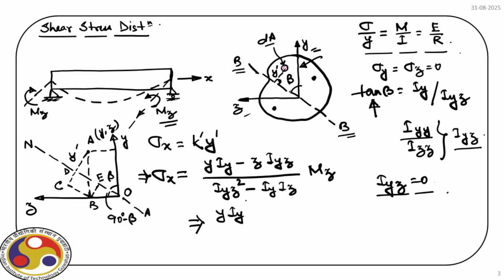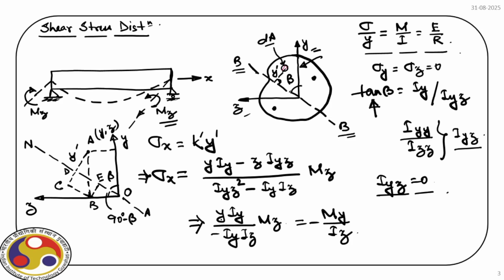Similarly, in the denominator, the first term is not there, so we have Iy times Iz, and there is a minus, you have z here, so effectively you get My by Iz. Again, the same expression that we derived earlier for rectangular cross sections, or actually regular cross sections where we have an axis of symmetry, right?